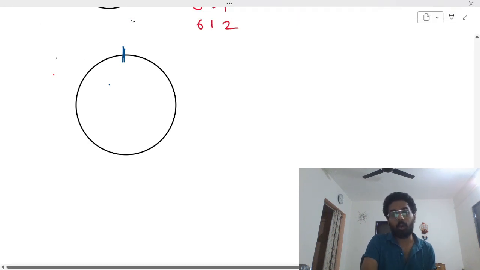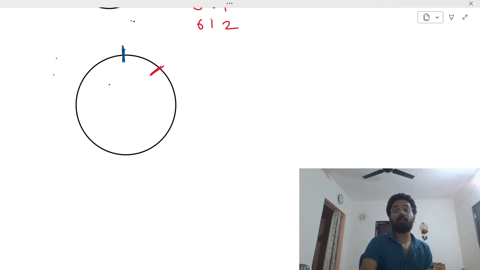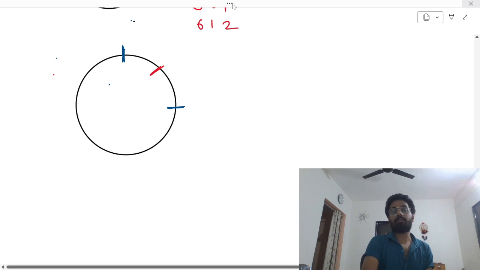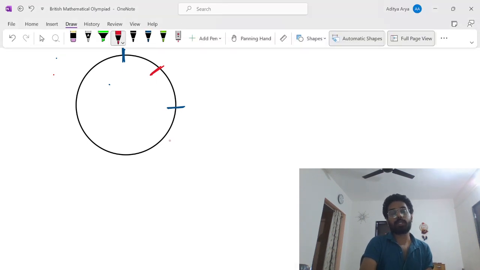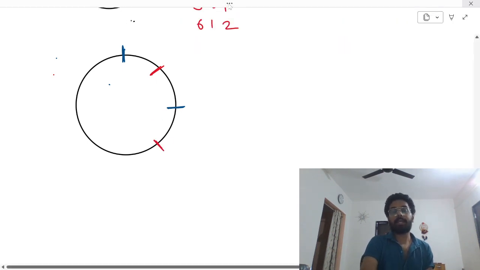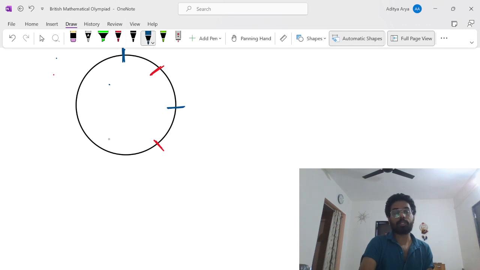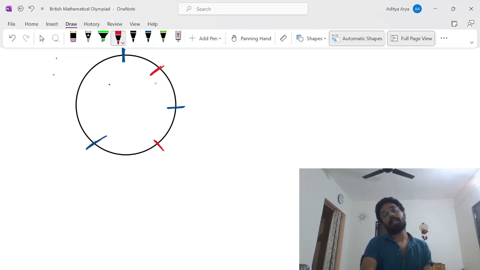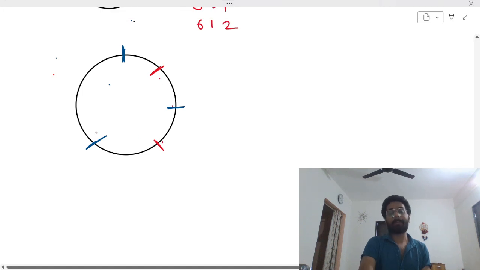Let's start with the blue ball, which is 1. Then I choose a red ball, which is second, and then a blue ball, which is third. Then a red ball, which is fourth, then a blue ball, which is fifth, and then a red ball, sixth.